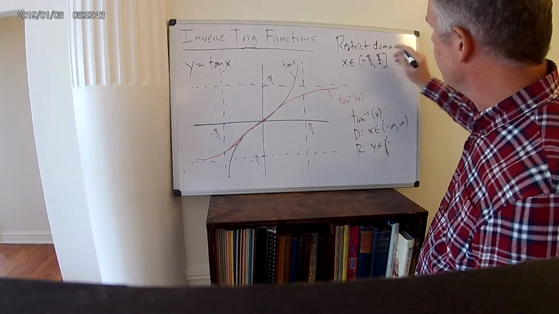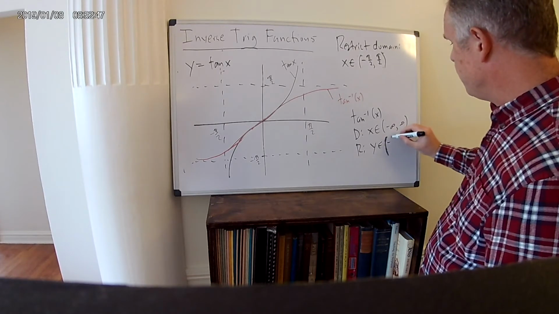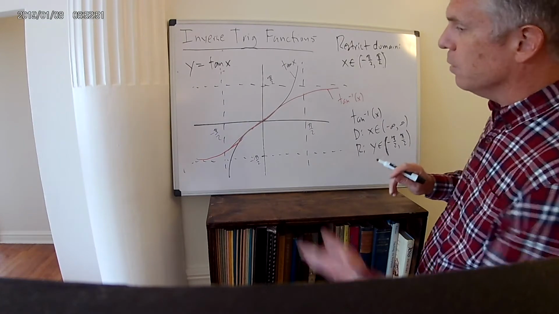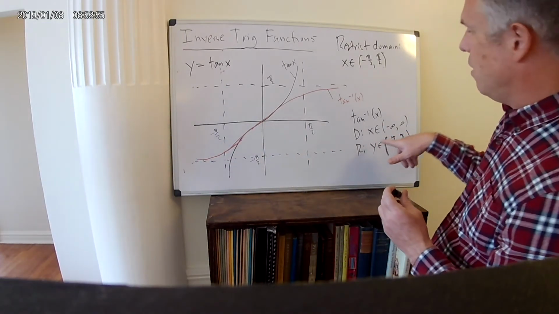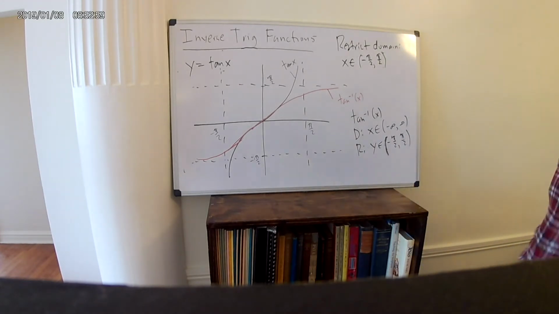I should have made this non-inclusive, that's my bad. Not inclusive because you never actually reach the horizontal asymptotes. This is the range of inverse tangent of x. Let's go over to my laptop and let's do one more graph on Desmos.